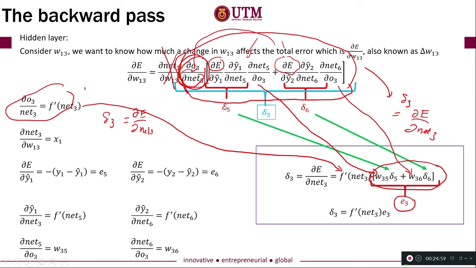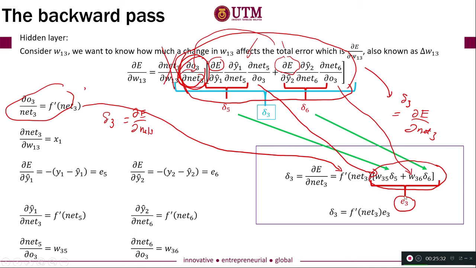Previously we have delta 5, delta 6 and delta 3, and the definition is the same, still equal to del E over del net 3, but the local error is a little bit different. Previously at the output layer, E5 and E6 seem to be very common there. It's the difference between the actual and predicted output for each component.